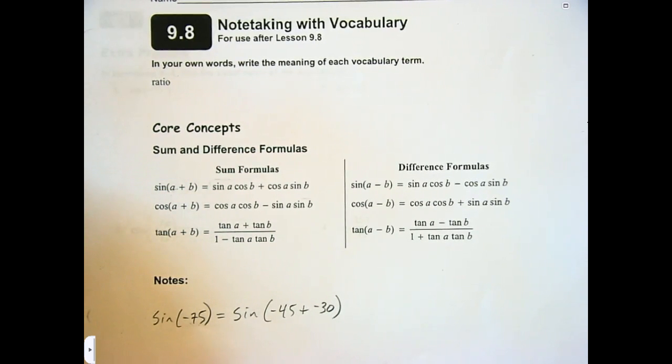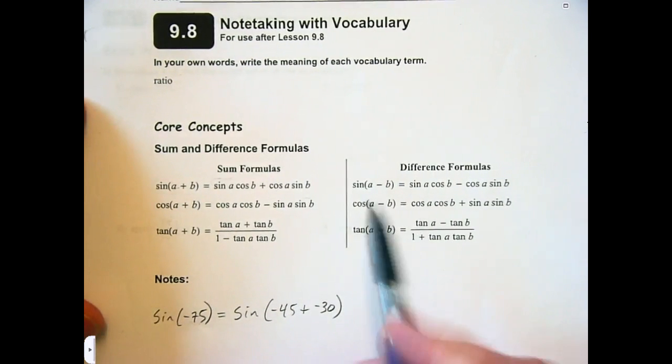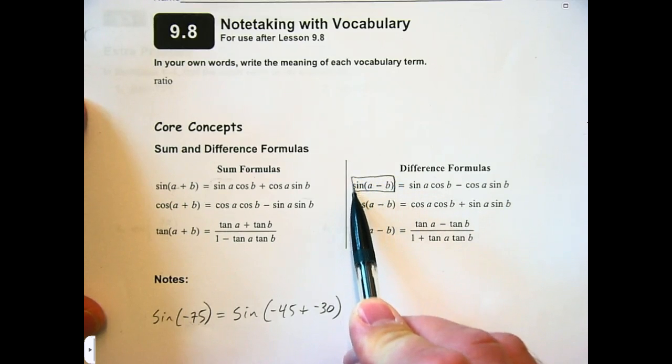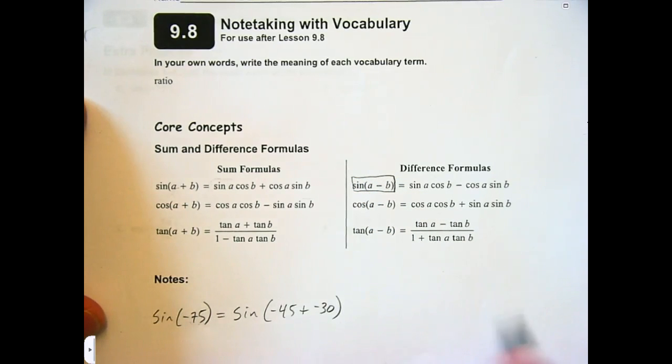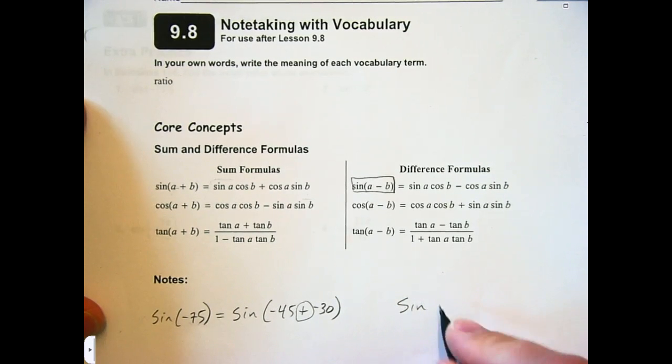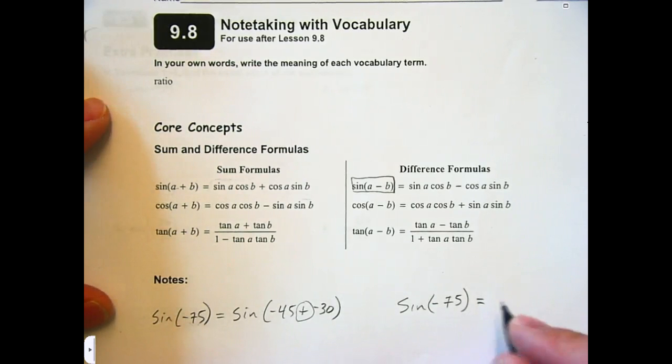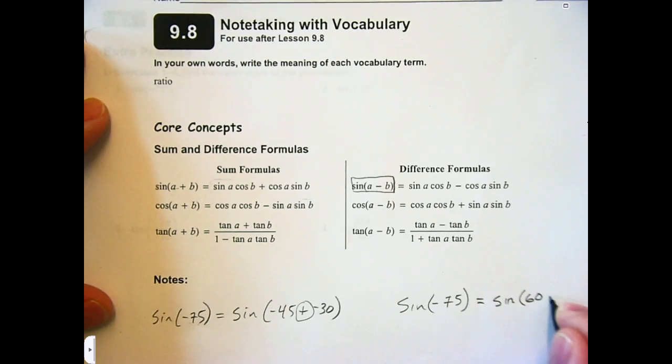Now we could go through that process, or we could use the difference formulas. The difference formulas say rather than adding, we are going to subtract. So if I wanted to do the sine of negative 75 again, two special angles that subtract to make negative 75, for instance, sine of 60 and 135.